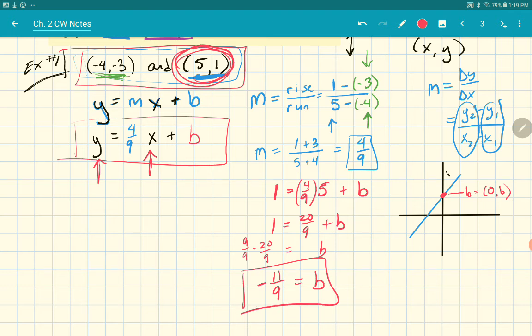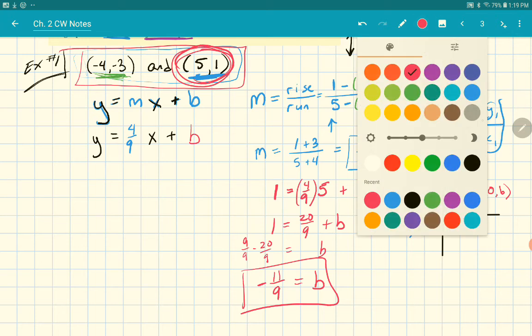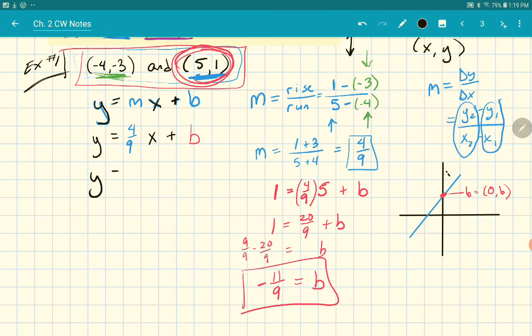Now I take that b and I plug it back into the generic equation, where I had y equals and the x, and I plugged in my slope. My slope was 4/9, and my y-intercept, which is b, is negative 11/9.